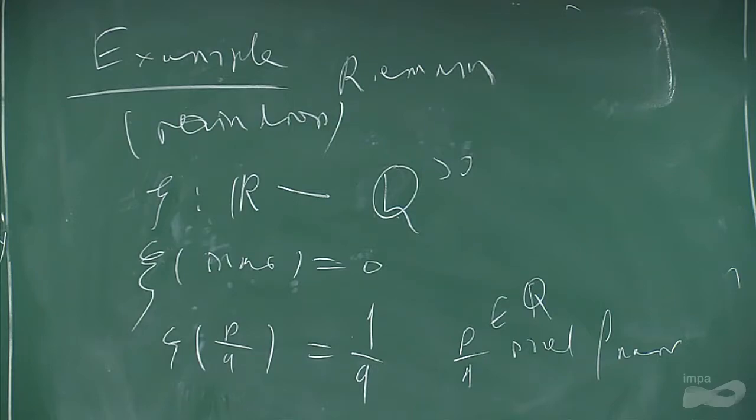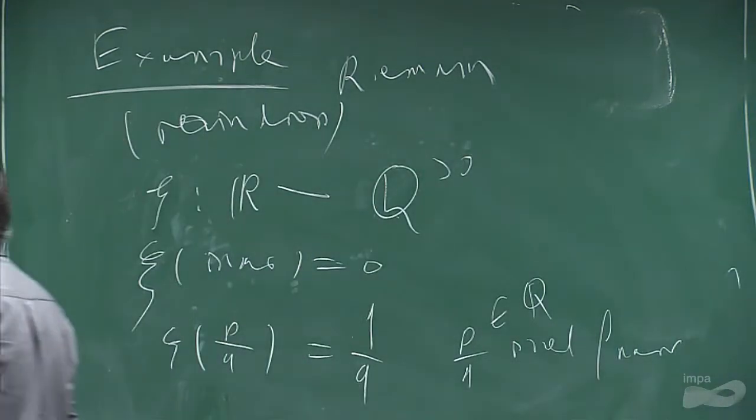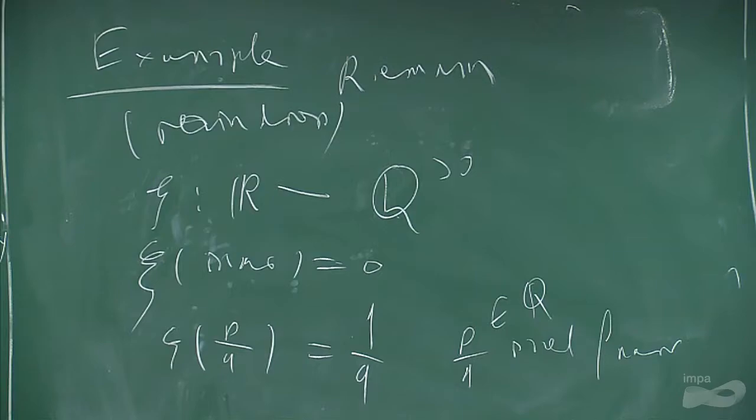So this was semi-continuity. Now, this is what your Dima was asking about, the pre-images. So, claim. Phi from X to R, X a topological space.